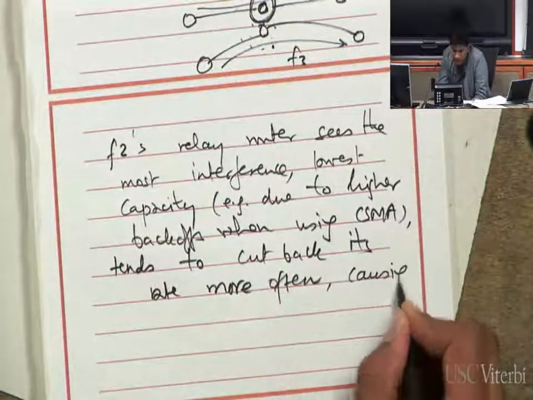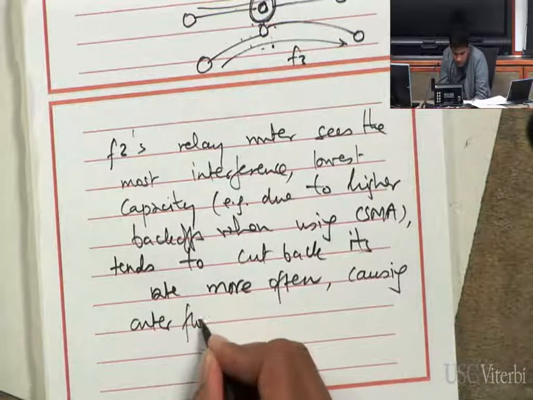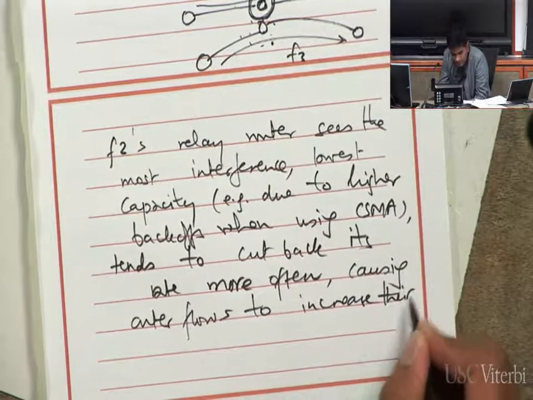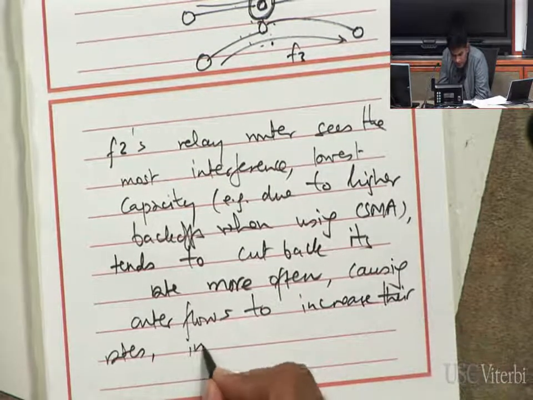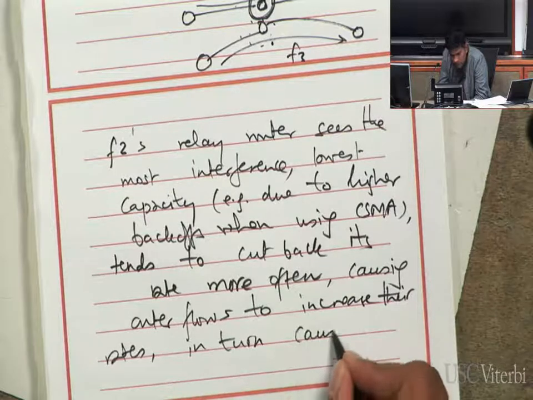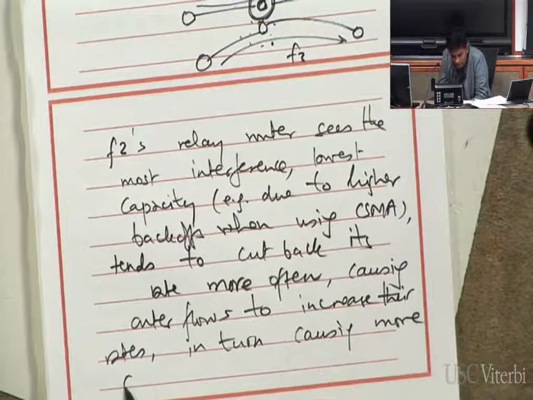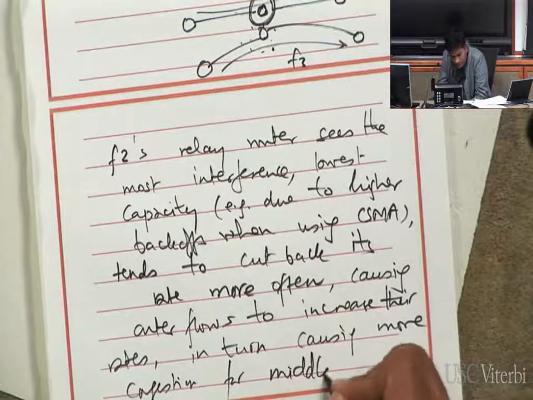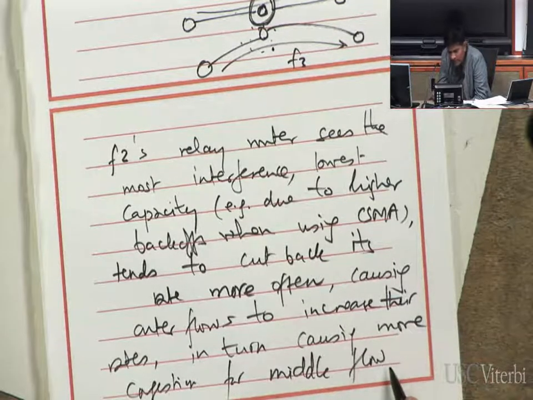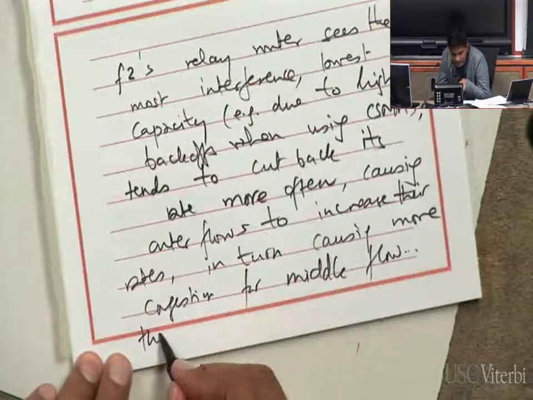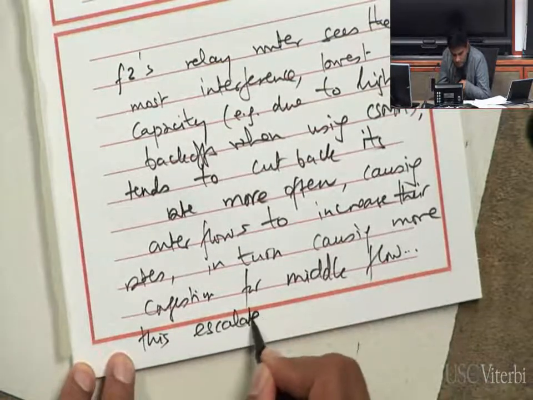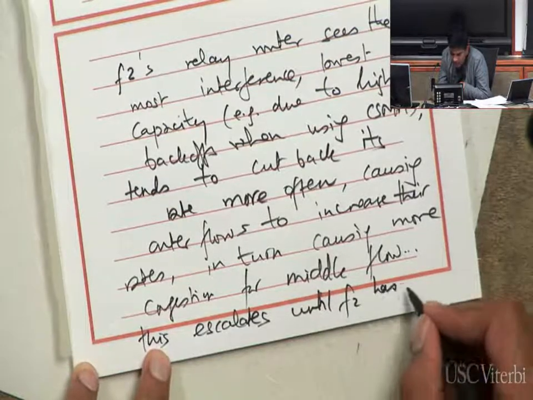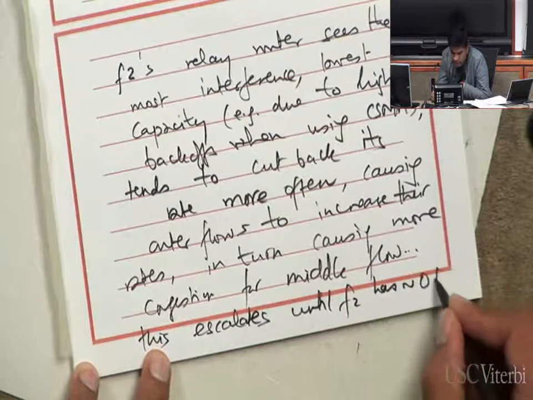So causing outer flows to increase their rates, in turn causing more congestion for the middle flow. And basically this escalates until F2 has close to 0 rate.